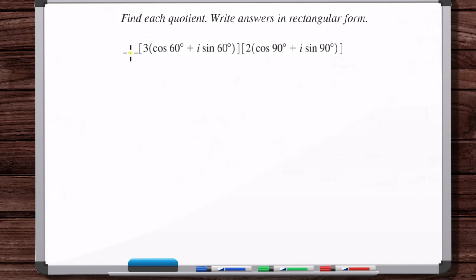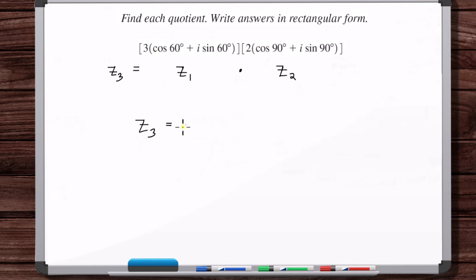So, what we're wanting to do is find a third complex number, Z3, that comes from multiplying this first complex number by this second complex number. This is going to be extremely quick because these are in polar form.